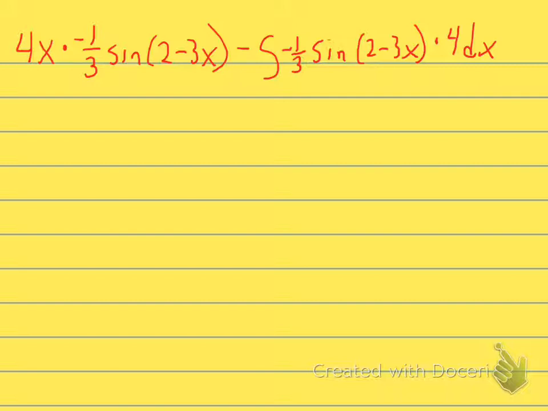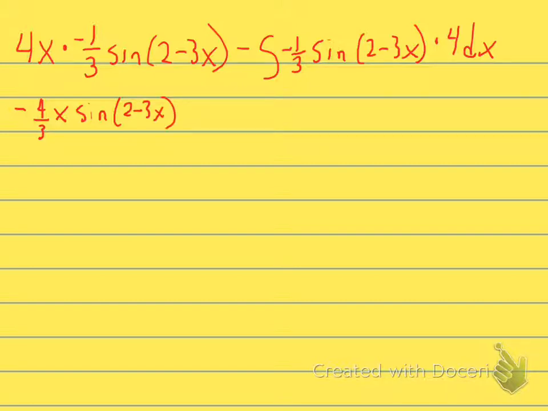Okay, so this is what I had left on that last page. Now I'm just going to simplify this a little bit. So I end up with negative 4/3 x sine of 2 minus 3x.